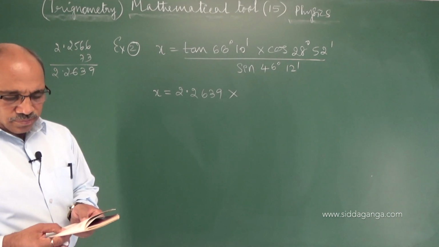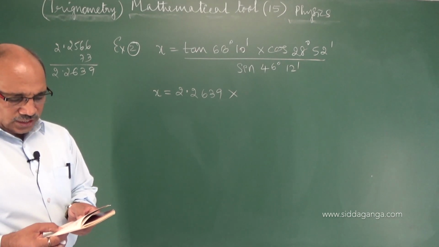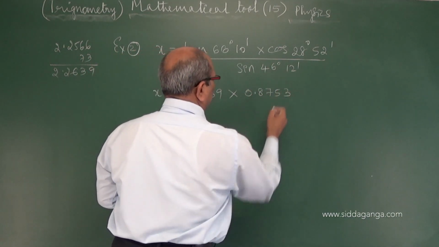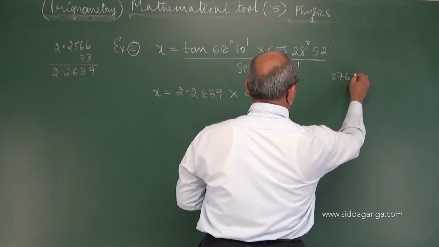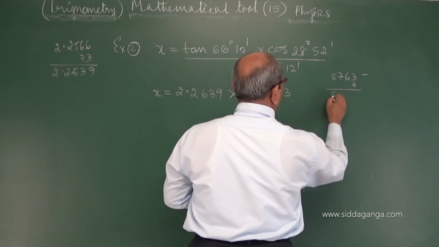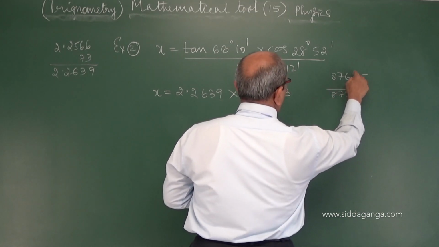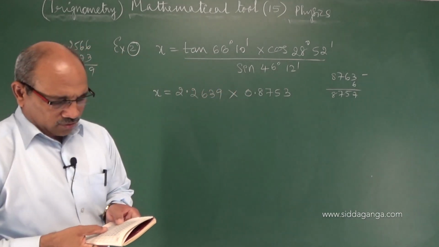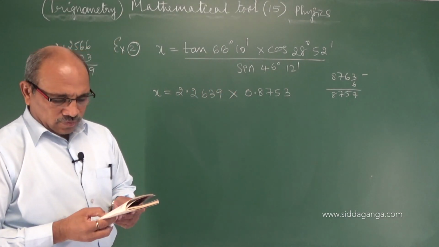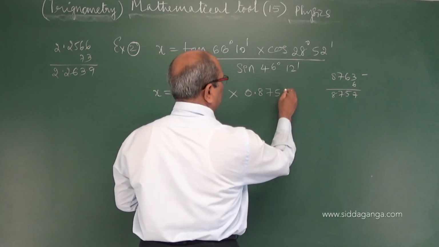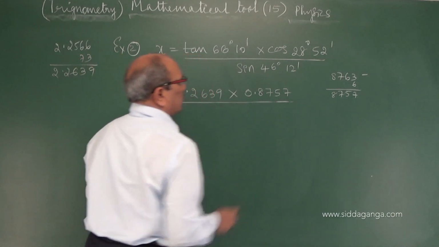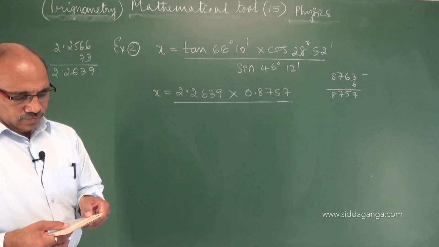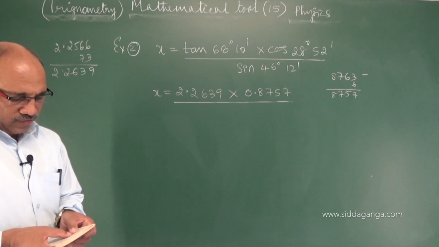For the 4 minutes, if you observe, it is 5, so 6 has to be subtracted. 8763 minus 6 gives 8757. Then divided by sine 46 degree 12 minutes, which is 7218.